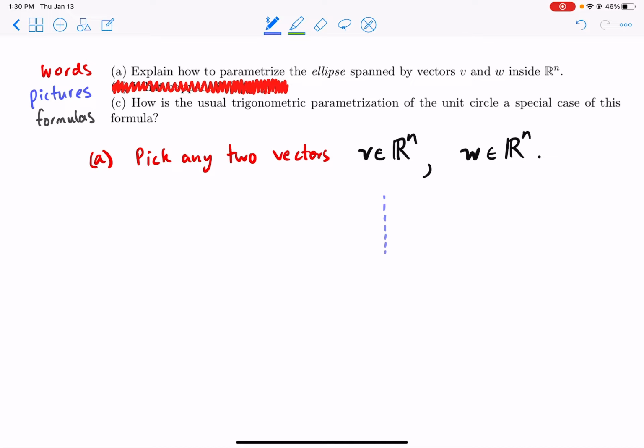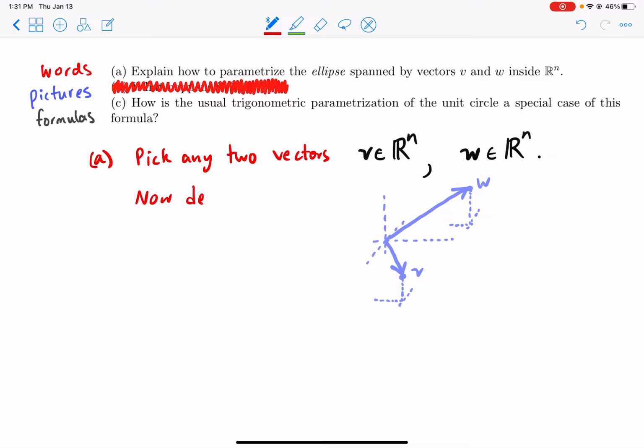Let's imagine we're in three-dimensional space. Then let's just picture these vectors. Maybe v is right here, going out from the origin to this point. And maybe w is over here, right there at that point. Or I can view it as a vector from the origin. That's w, that's v. Okay, so there's our picture. We're just visualizing these two vectors.